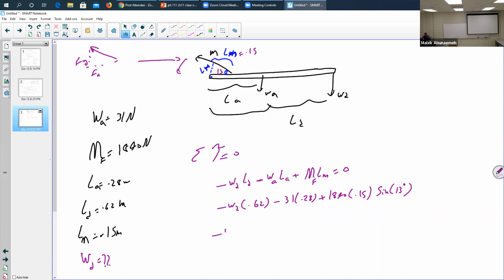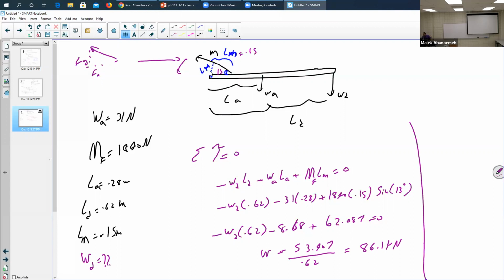So that will make it minus WD multiplied by 0.62, minus 8.68 for this one, plus sine 13 multiplied by 0.15 multiplied by 1840, so it'll be 62.087, and it is going to equal 0. That means your WD is going to be 53.407 divided by 0.62. So it's going to be 86.14 newtons.